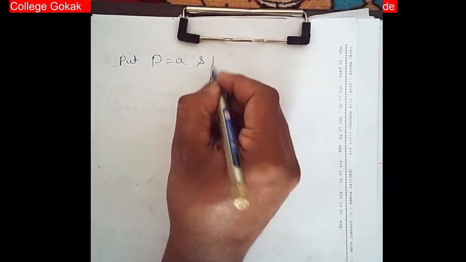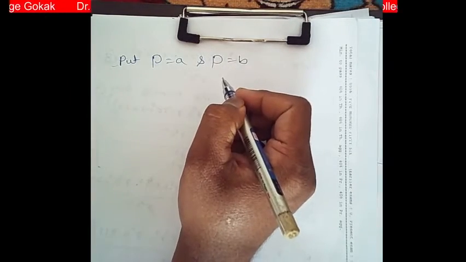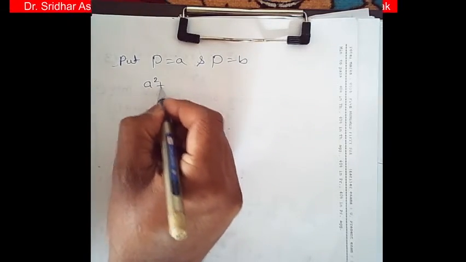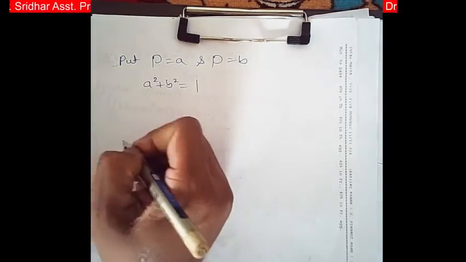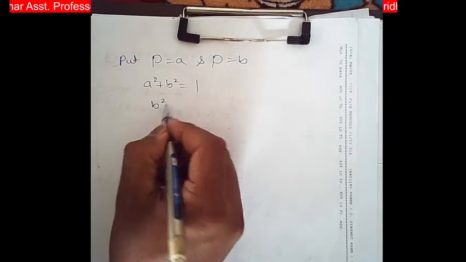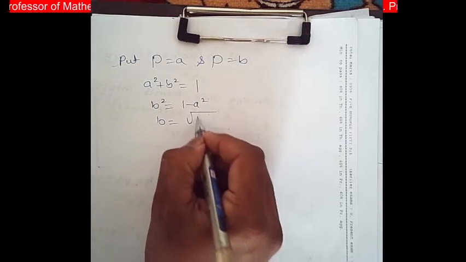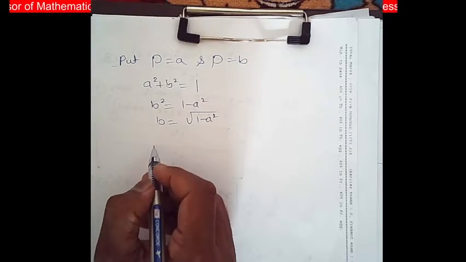So now we apply the method. Put capital P is equal to a and capital Q is equal to b. Then we get a square plus b square is equal to 1. From this equation we calculate b square is 1 minus a square, or b is square root of 1 minus a square.